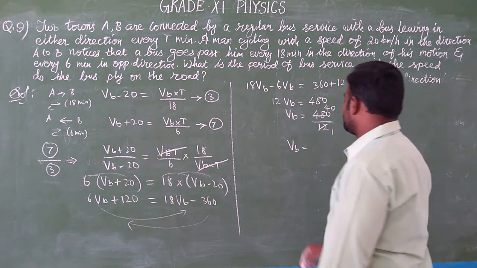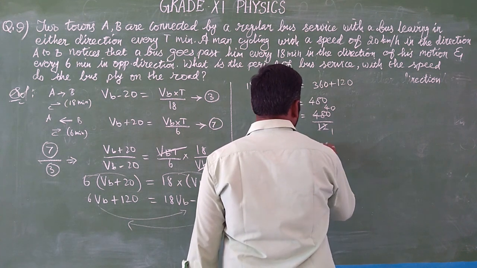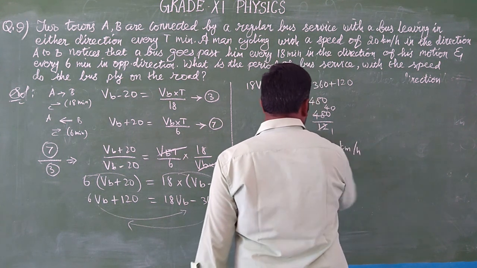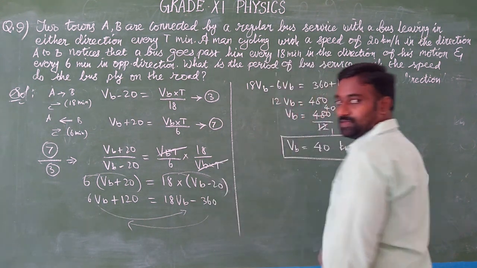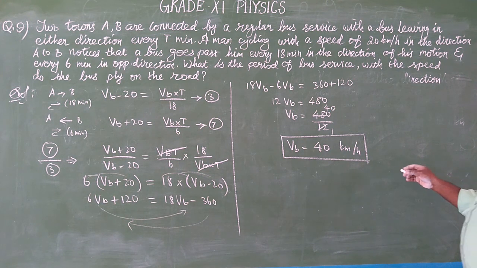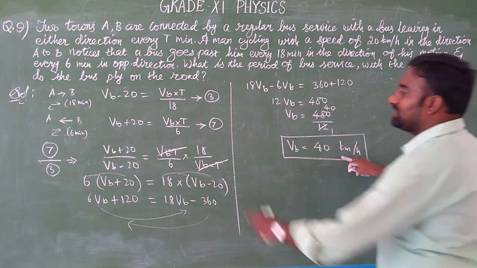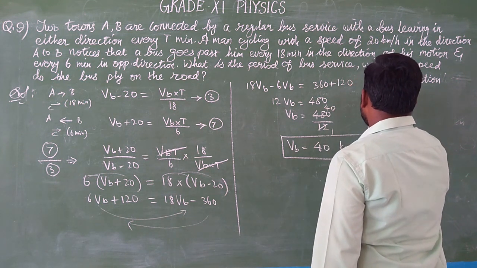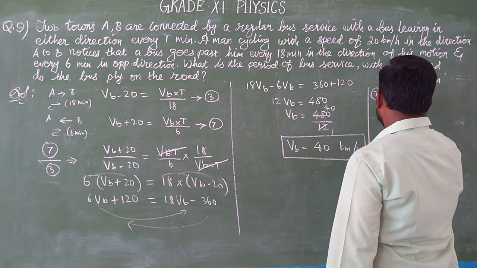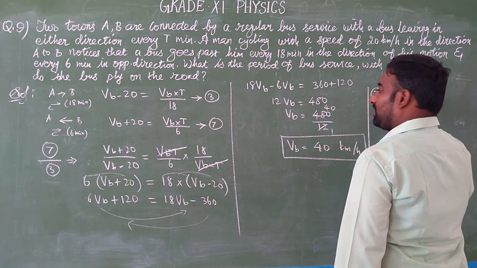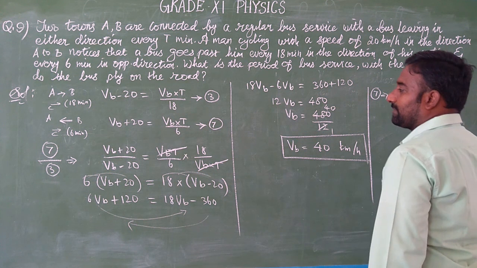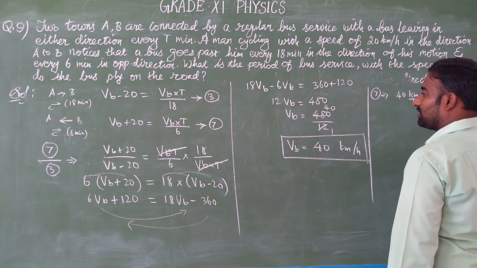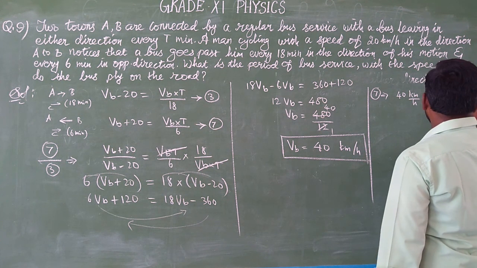What is the velocity of the bus? The speed of the bus is 40 km per hour. So we found the velocity of the bus. Next, we are going to determine the time period. So substitute this velocity in this equation, then you will get the time period. From the 7th equation, the velocity of the bus is 40 km per hour plus 20, which is equal to 40 into T by 6.